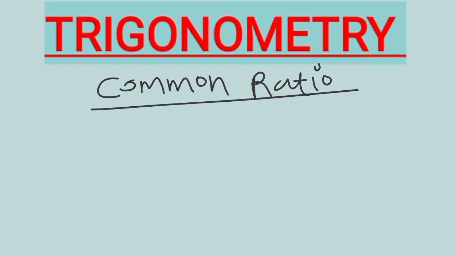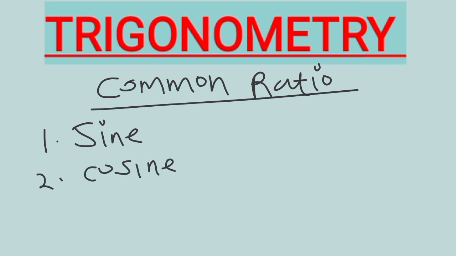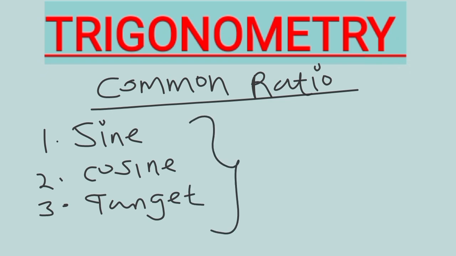Basically, we have three common ratios. Number one, we have sine. Number two, we have cosine. And number three, we have tangent. These are the three common ratios that we have.